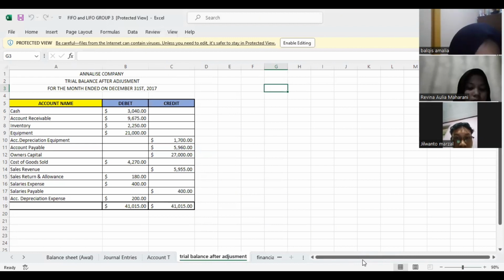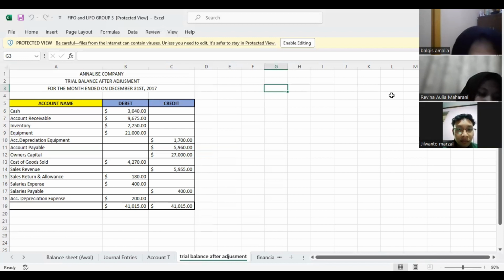In the account names, we have cash in debit about $3,040, accounts receivable $9,675, inventory $2,250, equipment $21,000, accumulated depreciation equipment $1,700, accounts payable $5,960, owner's capital $27,000, cost of goods sold $4,270, sales revenue $5,955, sales return and allowance $180, salaries expense $400, salaries payable $400, and the last one is depreciation expense about $100.